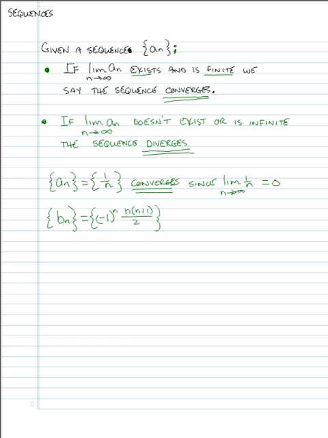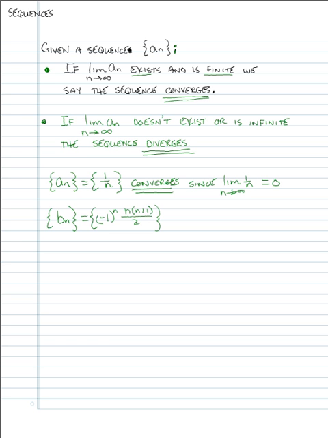Well, this might be a little bit difficult, and we're going to talk about some things in a moment that will help us deal with this. But when we look at the limit of those b sub n, the real issue is we've got positive, negative, positive, negative, positive, negative.